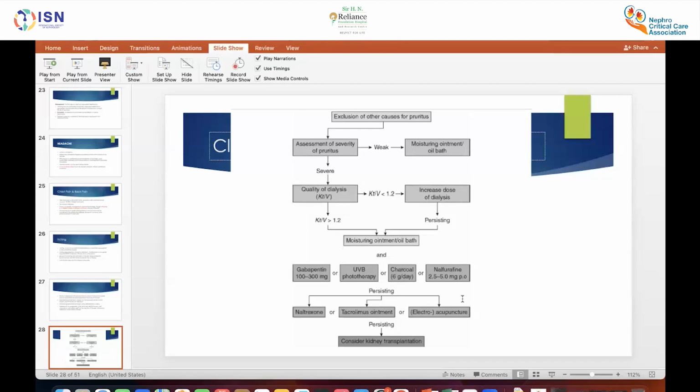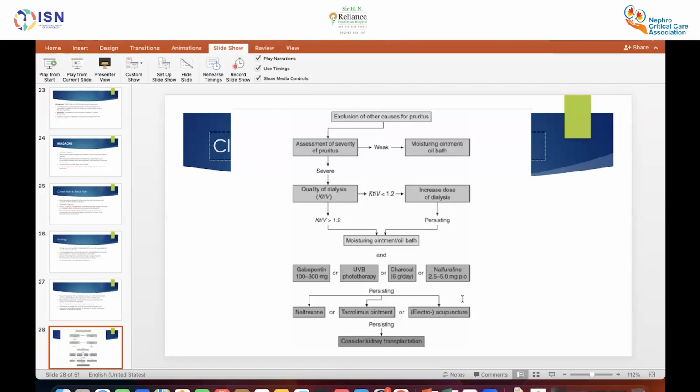So uremic pruritus is a resistant phenomenon when there is no hyperphosphatemia or hyperparathyroidism attributable, but still the uremic pruritus is going on. They took a biopsy of the skin and found intense T cell infiltration in the subepithelial layers, dermis and epidermis region, basically the epidermis region.